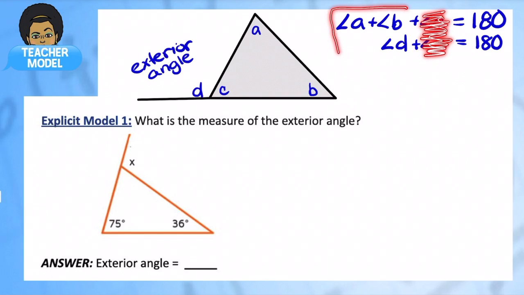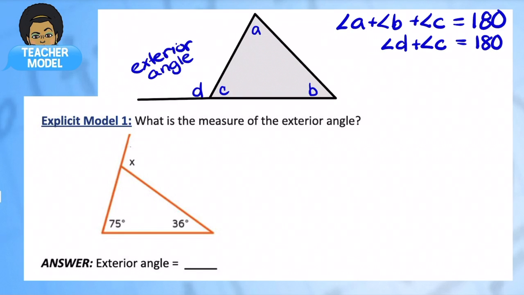It would tell me that these two angles here, A and B, are congruent to D. Why? Because A plus B plus C makes 180. So if I took away the C, I would just have A plus B. And D plus C equals 180, and if I took away the C, D is all I would be left with. So they're both equal to each other.